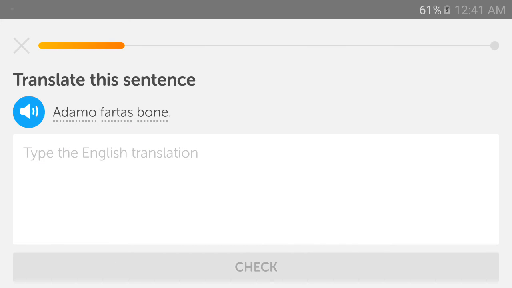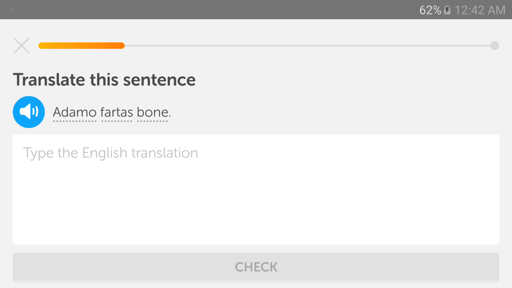Adamo fartas bone. So this is the classic funny sentence of Esperanto. The word fartas comes from the Latin farti, which means well, and in Esperanto it means to feel. Zamenhof was aware that this was a funny word in English, but he was afraid that making a language like this would make it almost impossible to avoid accidentally saying a cuss word or something embarrassing in another language.